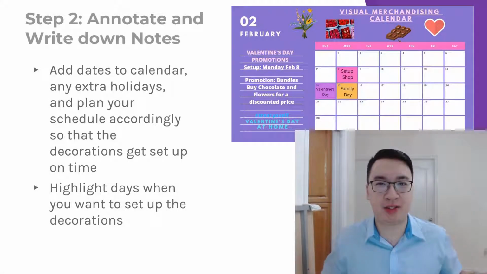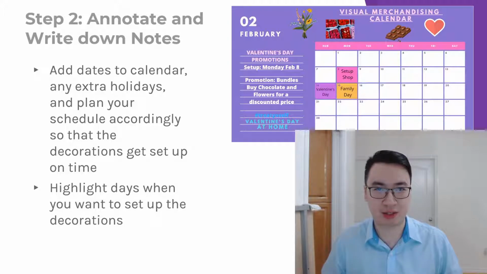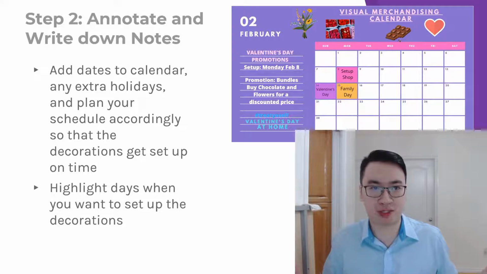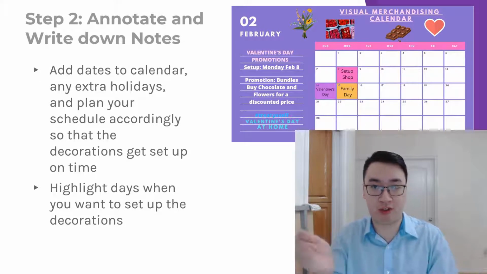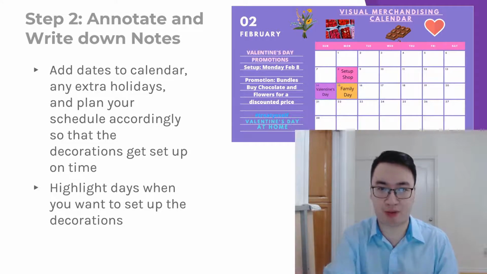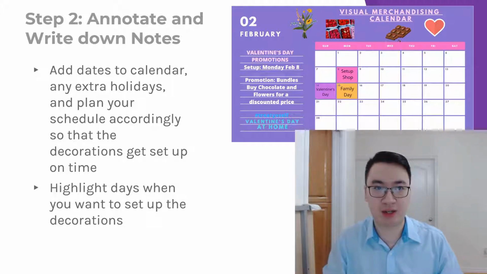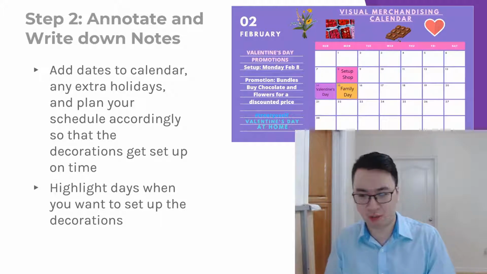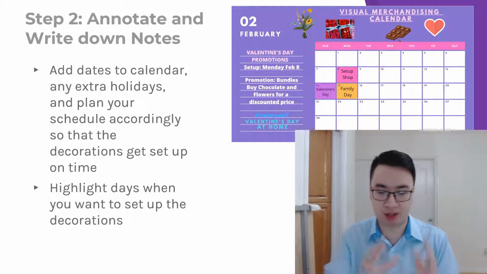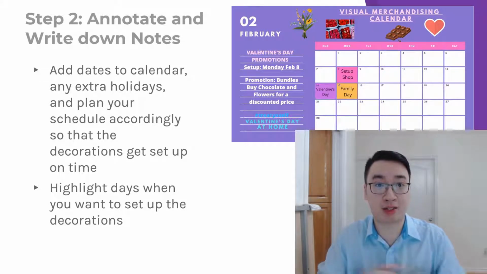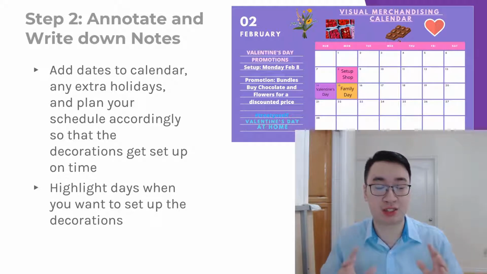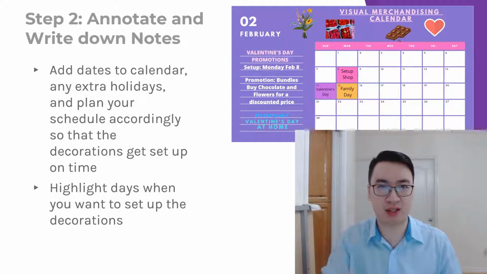And the last step is just to transfer all of these details, make a nice visual merchandising calendar, and perhaps place this in your store somewhere so that if you're flipping through February, March, April, you have all of this here in this one-stop shop. If one of your staff were to ask, oh, what do we have for June? You can have all the planning done, make it super easy for you to design your store and order the things that you need to decorate your store. That's pretty much the visual merchandising calendar.